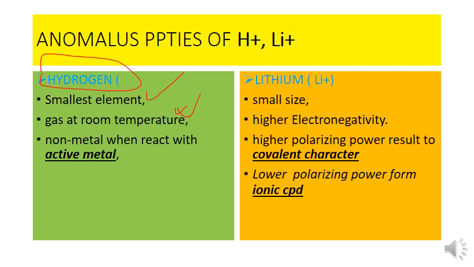It is also a non-metal when reacting with an active metal, but when reacting with an inactive metal, hydrogen behaves as a metal. It has the property to be both metal and non-metal. Those are some anomalous properties of hydrogen.